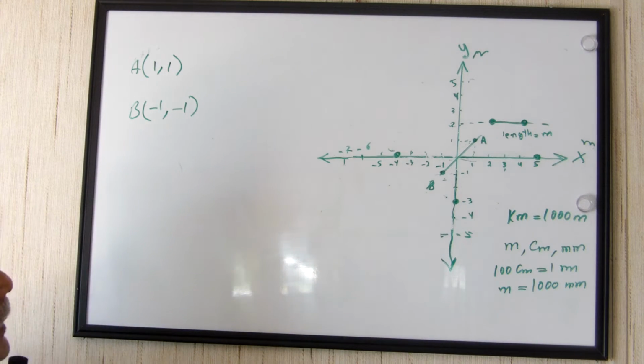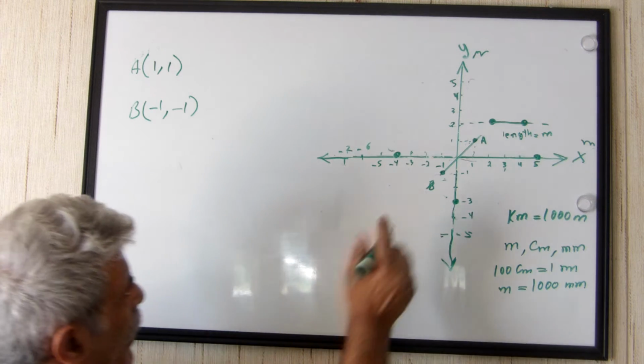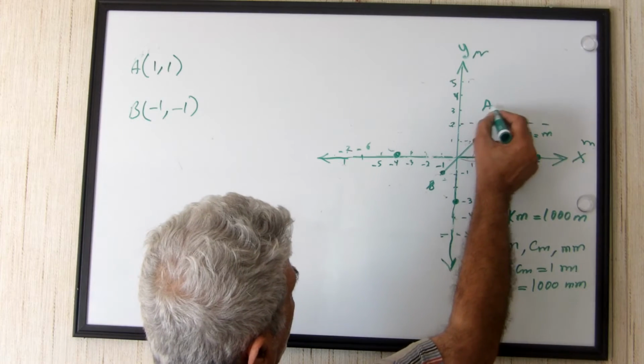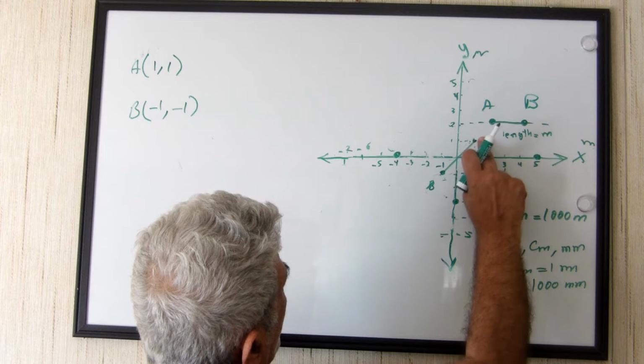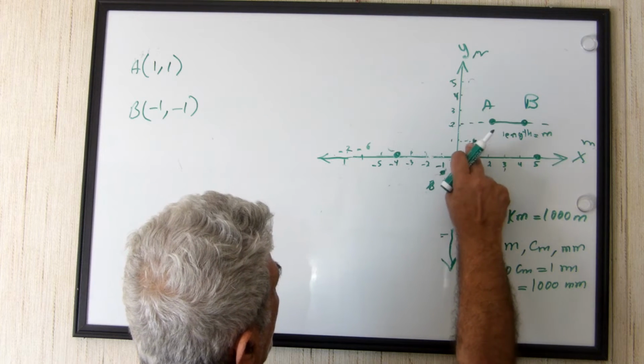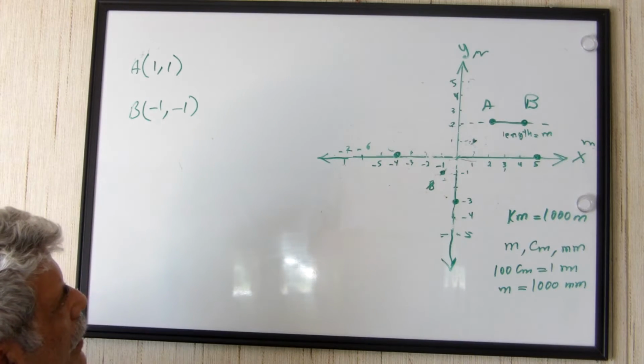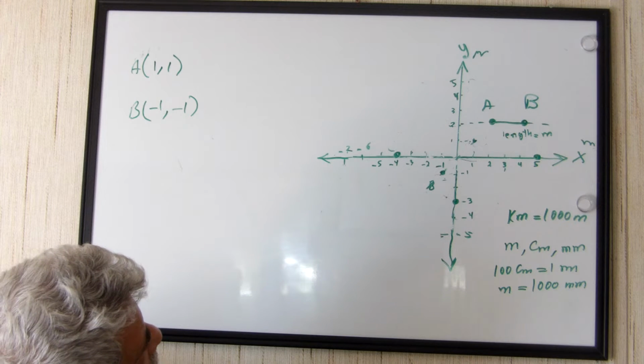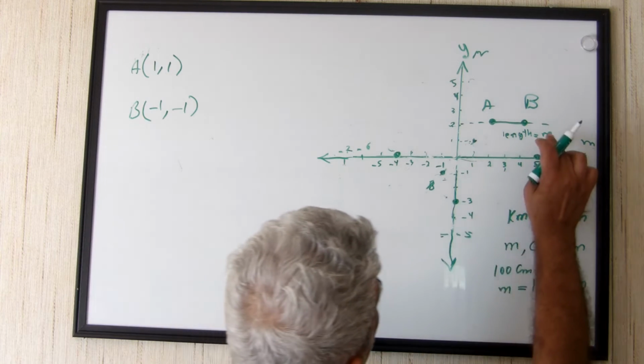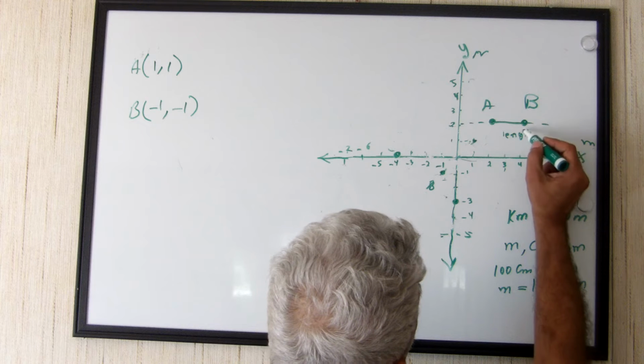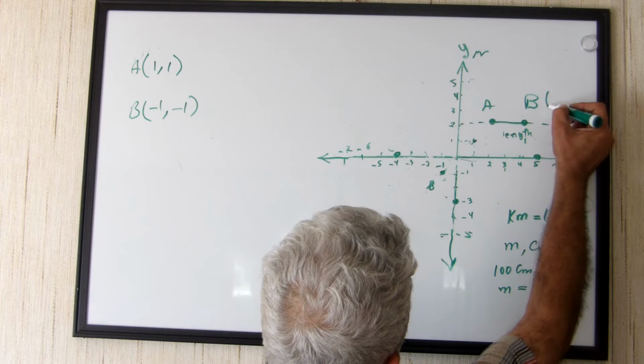What I'm trying to say is, we have points A and B, and we want to find the length between them. We're talking about the coordinates.